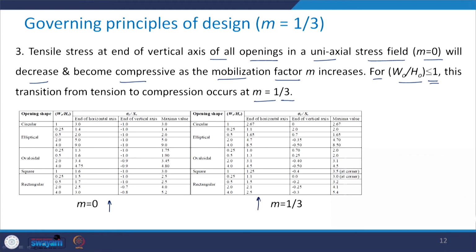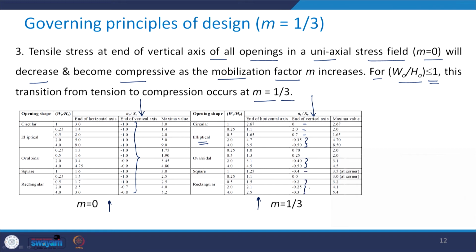So, take a look at the end of the vertical axis here, and this is here. Here we saw that all these values are negative. However, in this case most of these values are now positive, except for the elliptical case here, the ovaloidal case here, the square, and the rectangular shape here.